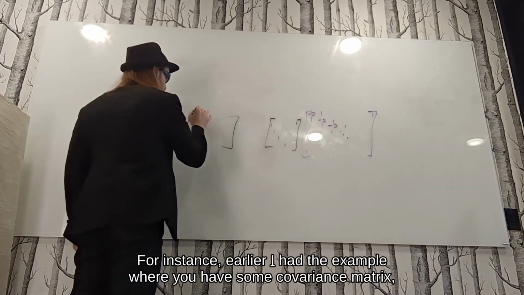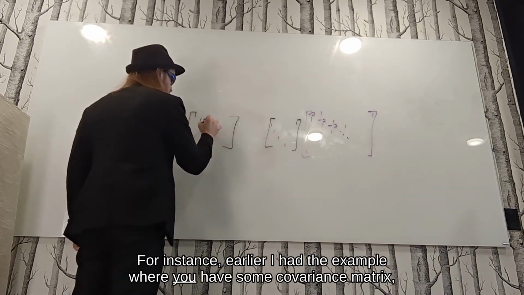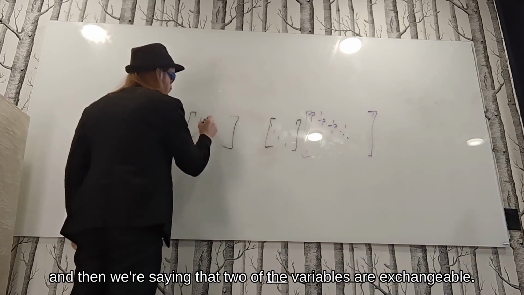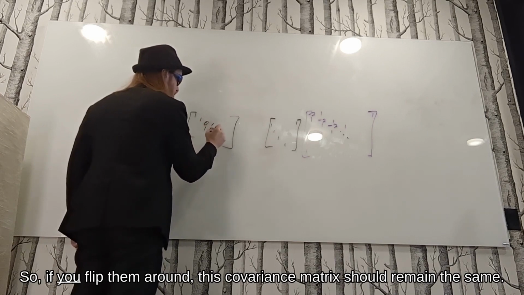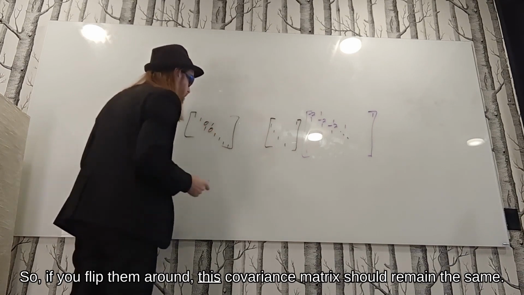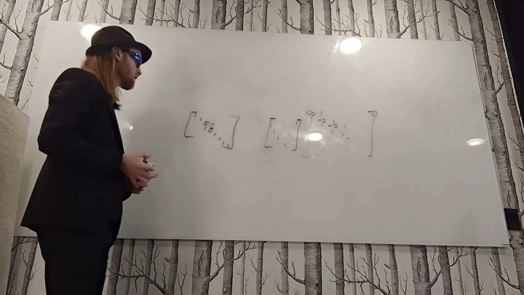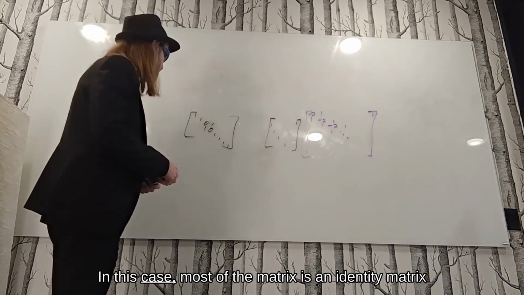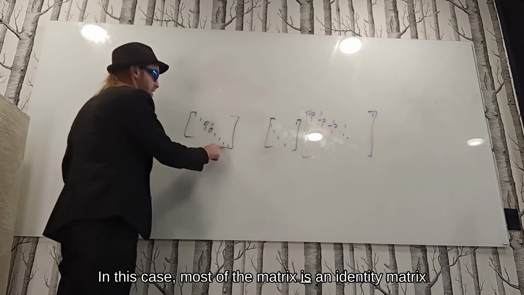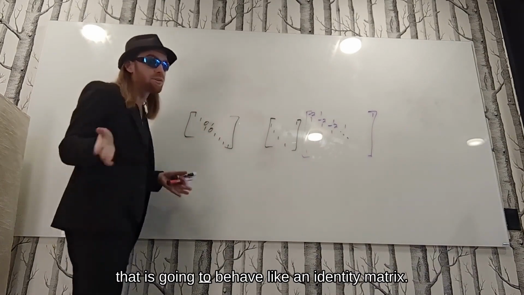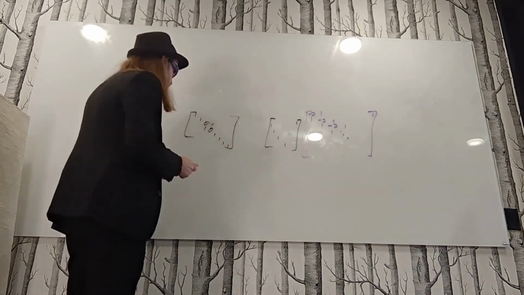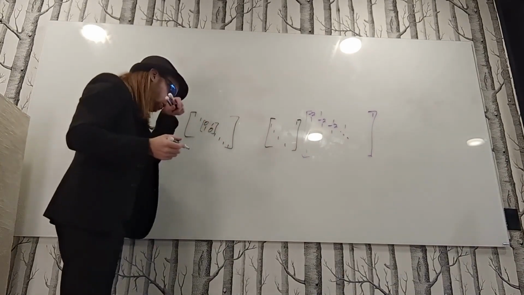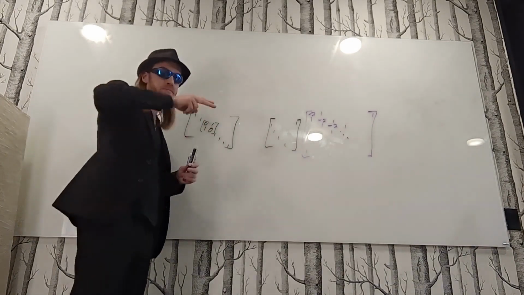For instance, earlier I had the example where you have some covariance matrix, and then we're saying that two of the variables are exchangeable. So if you flip them around, this covariance matrix should remain the same. And then you have a permutation that looks like this. In this case, most of the matrix is an identity matrix, and it is indeed going to behave like an identity matrix. The only part that's not an identity matrix is this guy in the middle that swaps the two.